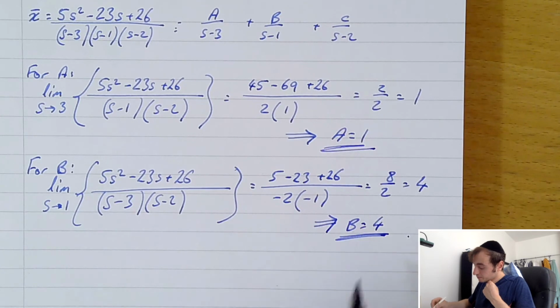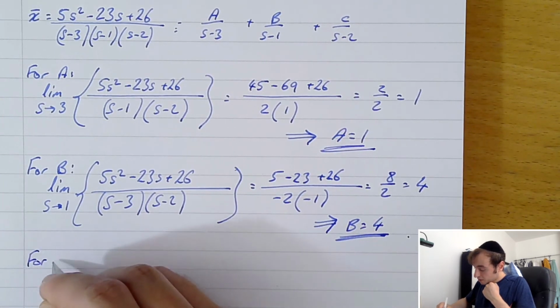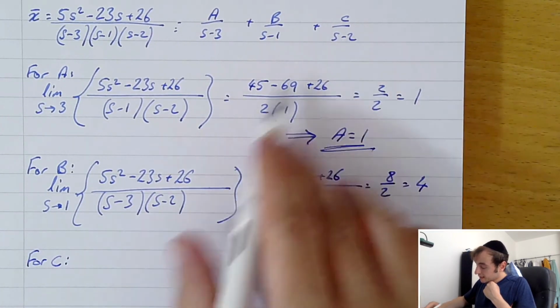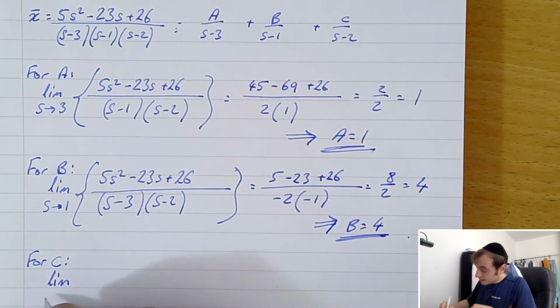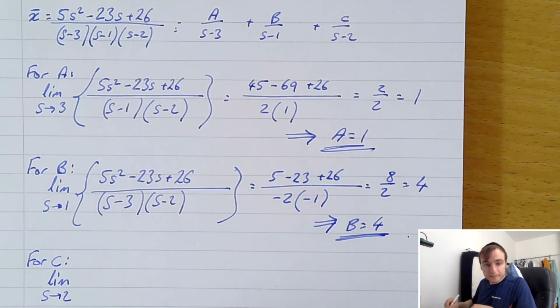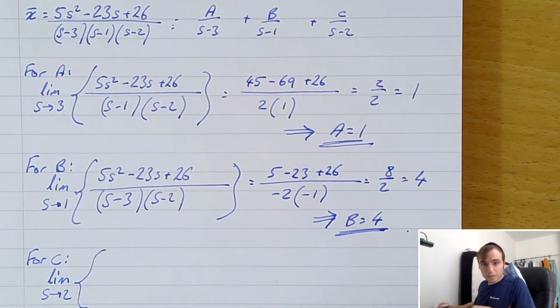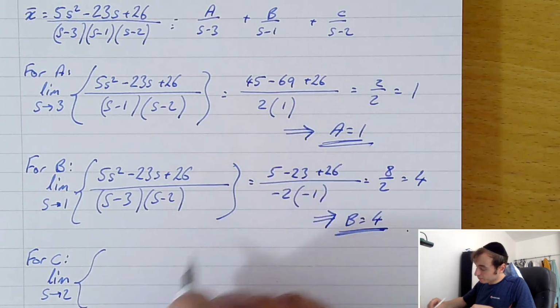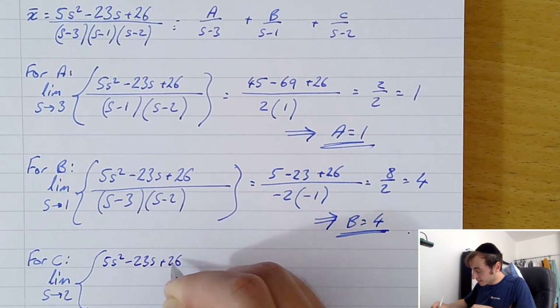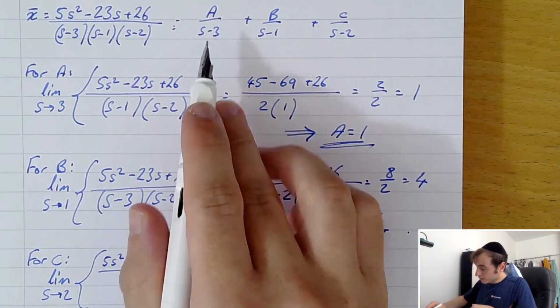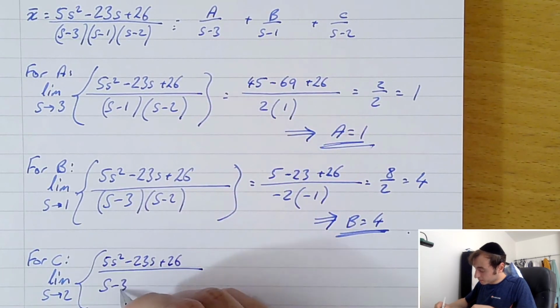And a equals 1. And for c, we'll take the limit as s tends to 2 of 5s squared minus 23s plus 26 on s minus 3, s minus 1.